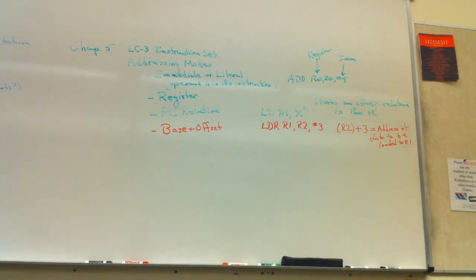It functions just like PC relative, except that you're not using a program counter, you're using a fixed register. And an address is loaded into R2 at the time that you access it? If you're gonna use it this way, yeah, you have to load an address in there. It doesn't do it automatically.